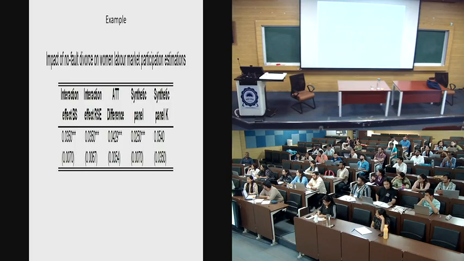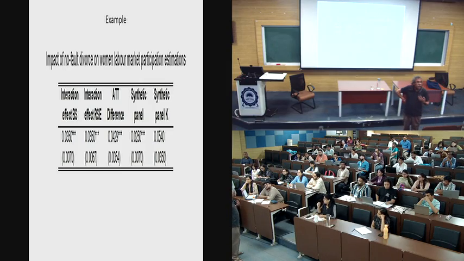Clear? And at one point of time, the Mexican government introduced this as a pilot project only in Mexico City, but not in other places. And they wanted to see whether that has any implication. So recall, this policy is completely exogenous.